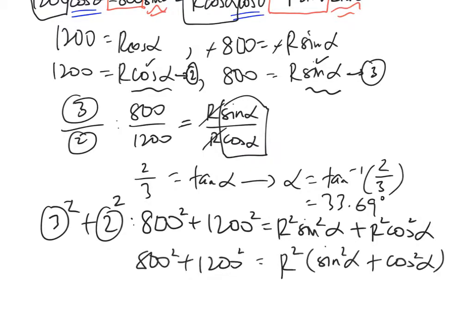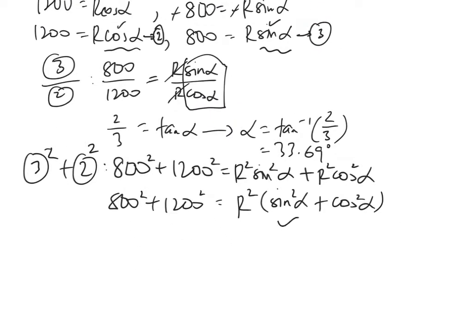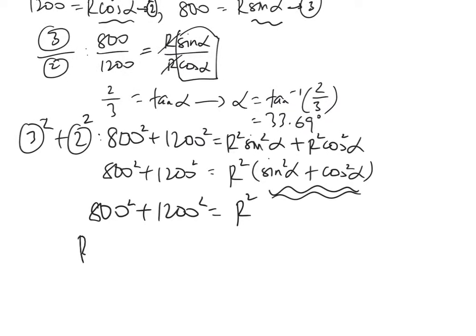I've just factorized the r square out. Sine square alpha plus cosine square alpha is just equal to 1. So 800 square plus 1200 square is equal to r square times 1, which is just r square. And then r square is as simple as 800 square plus 1200 square.